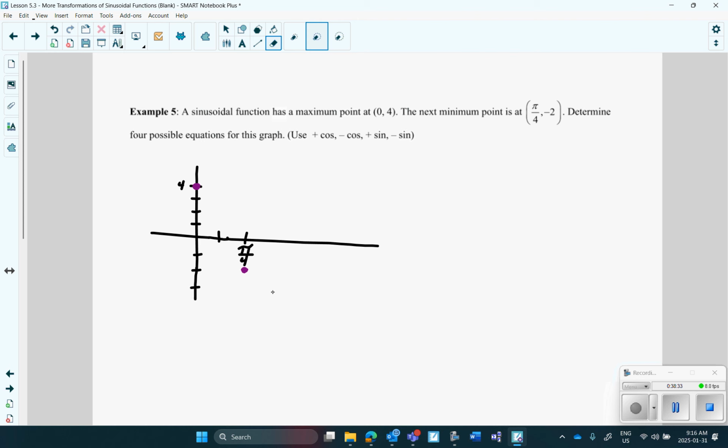Okay. So where's the midline? Well, again, you could do 4 plus negative 2, divided by 2. Max plus min divided by 2, which gives you 1. So that means the midline is going to be there.